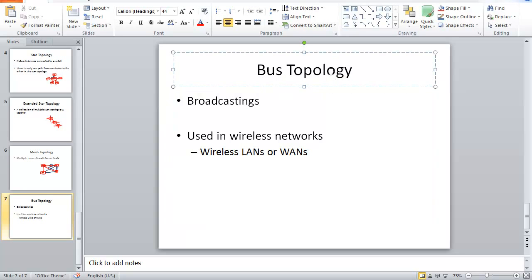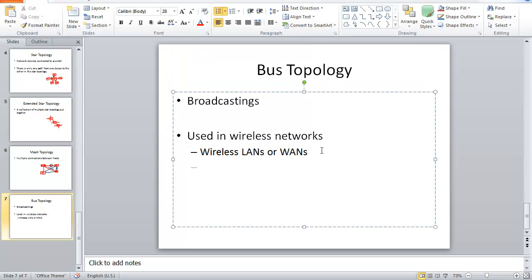Another thing to note here is that there was a device that was used in a wired network that used this topology. It's called a hub. Hub uses this topology too, but broadcasting isn't very efficient in a wired network communication. That is why hubs are not used anymore.